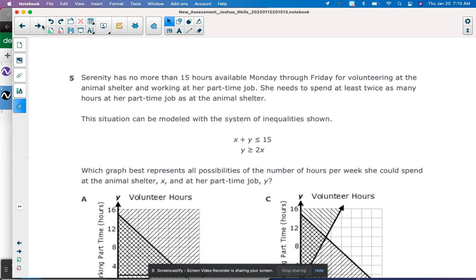And she needs to spend at least twice as many hours at her part-time job compared to the shelter. And we have the inequalities here. And what we need to do is determine which graph best represents these equations.